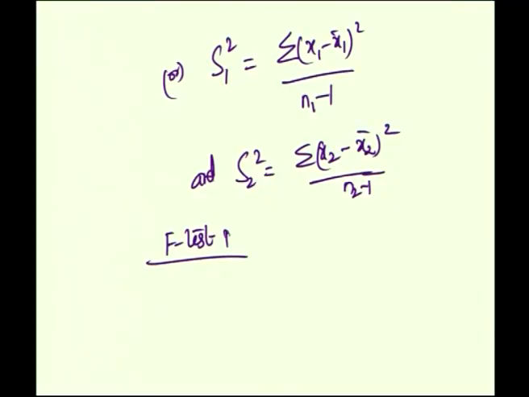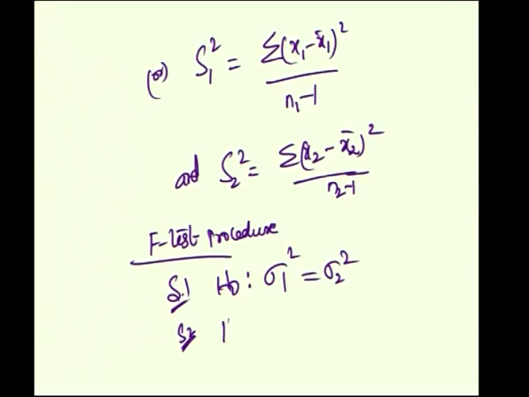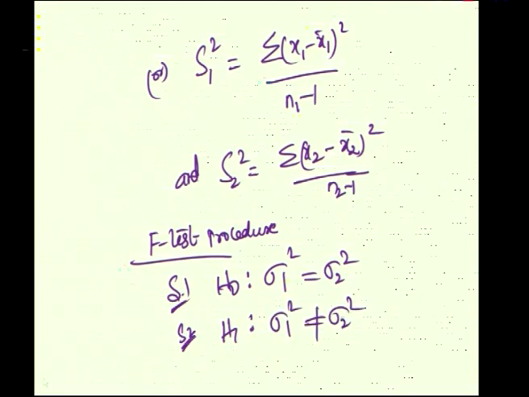What are H0, H1 etc. for the F test procedure? The F test procedure says that you should take H0 in step 1 as sigma 1 square is equal to sigma 2 square, in the sense that there is no difference between two population variances, against H1, sigma 1 square is not equal to sigma 2 square. Step 3 is level of significance and degrees of freedom.